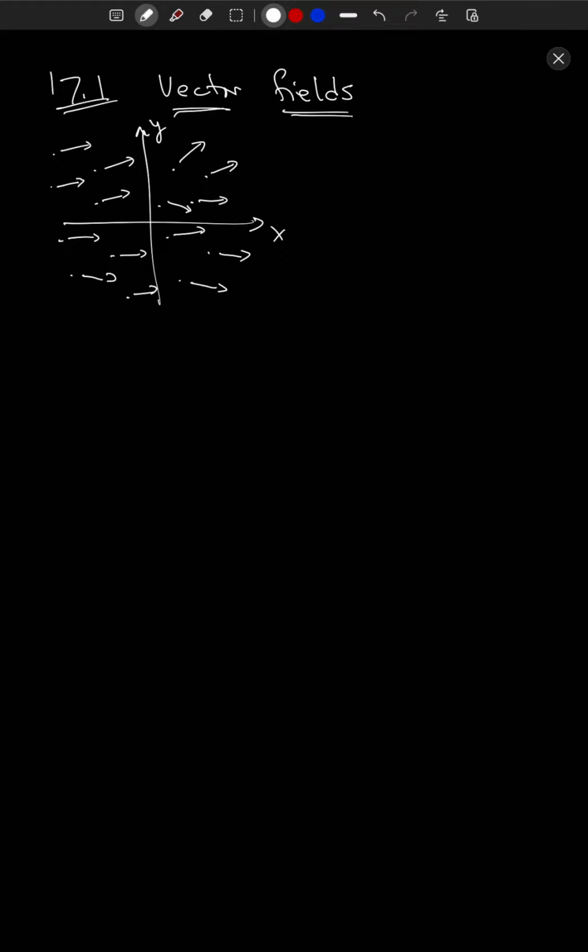All right, let's see. In terms of name, we like to use capitals, and then we like to put an arrow on top. All right, what do these things represent? Well, you can see in this picture that you can represent things like perhaps velocity, right? Velocity fields. So maybe we have a river, and at every point the vector would be the direction the water is flowing at that point, and then maybe the length of the vector would represent how fast the water is flowing at that point.